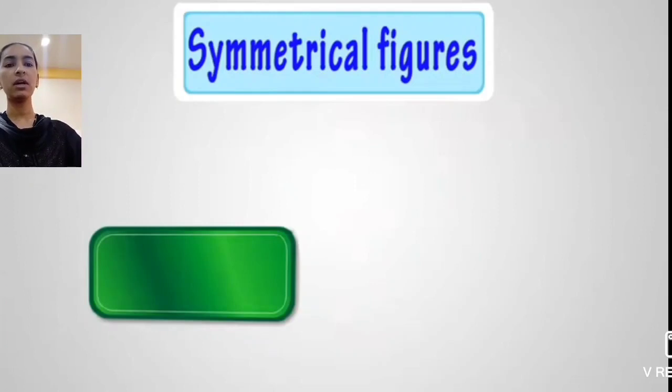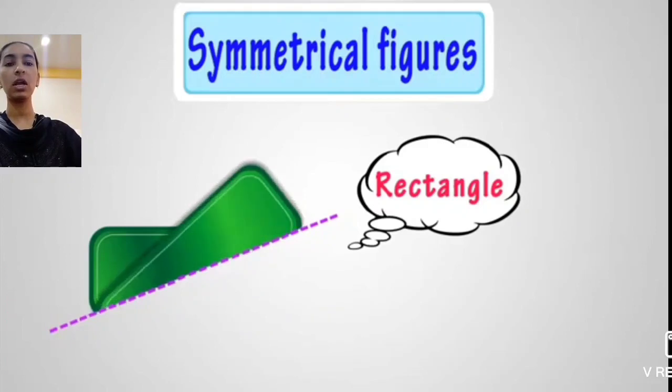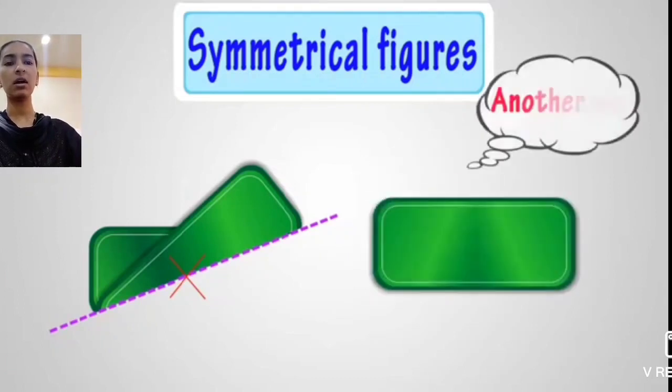Now this figure is a rectangle, a green color rectangle. Now if I draw a horizontal line and fold that, does it cover the other half? No, it doesn't cover the other half part. That means it is not symmetrical around that line.